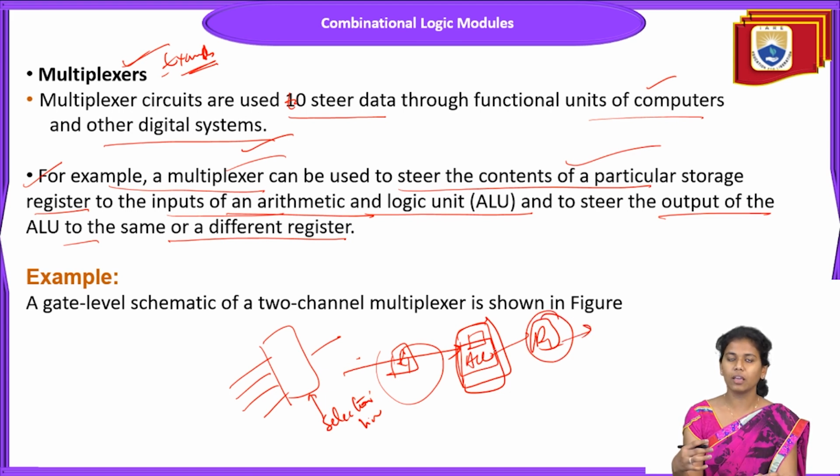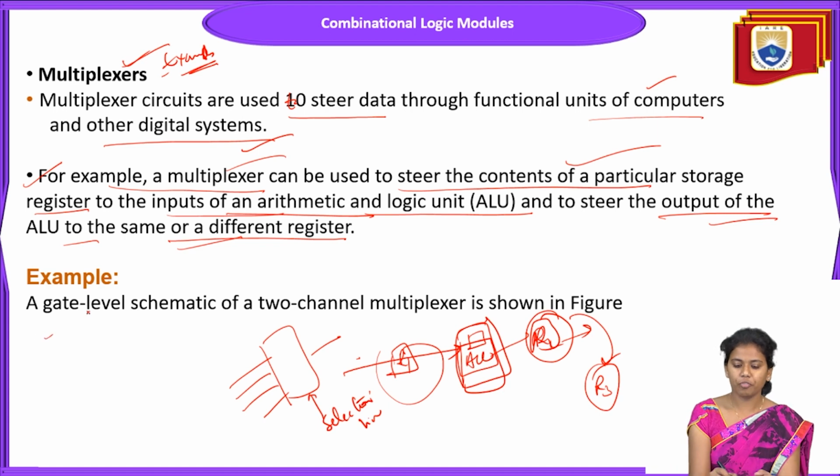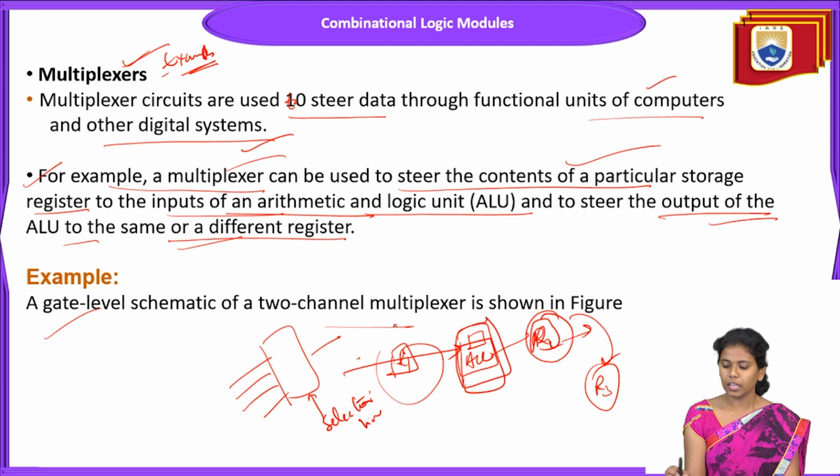It steers the output of the ALU to different registers or onto the same register itself. If this register wants to pass the information to some other register R3, the same mechanism goes on. For example, a gate level schematic of a 2-channel multiplexer is shown in the figure.